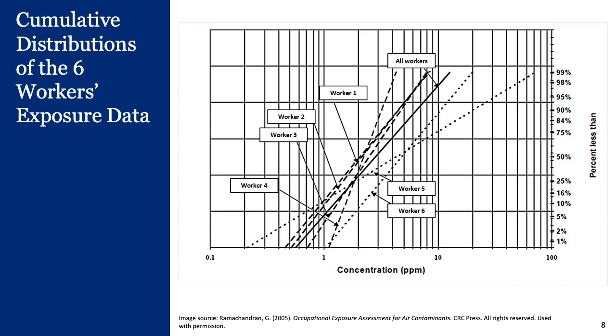If we had just taken all the 6 workers and their 5 measurements each and plugged it into our IHstat Excel spreadsheet and calculated or plotted the results on a log probability plot, then the data would fall on the straight line that is shown by the solid line in the middle that is marked as all workers.